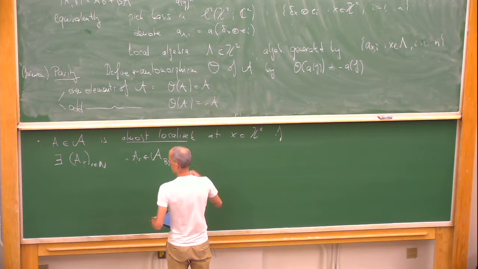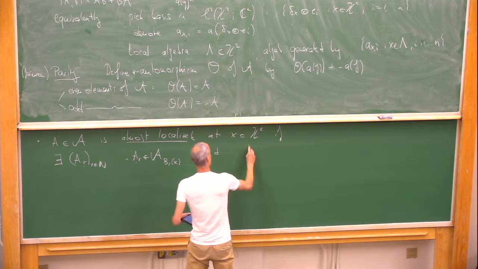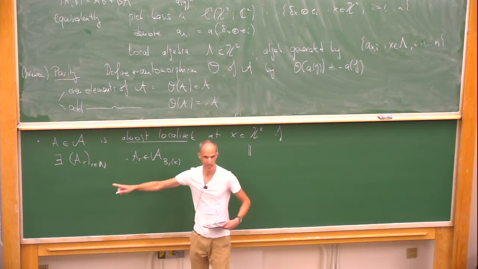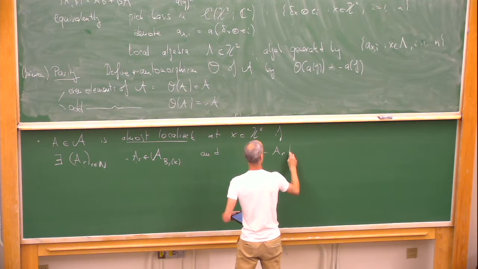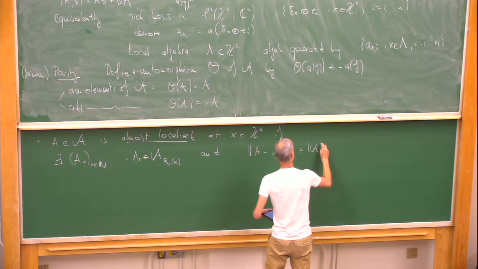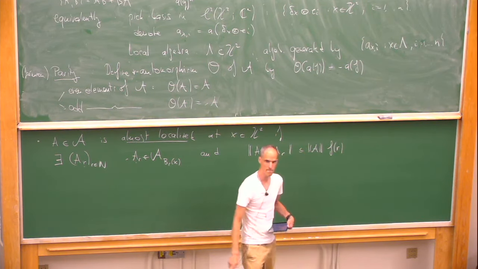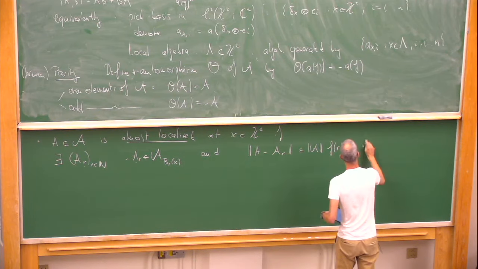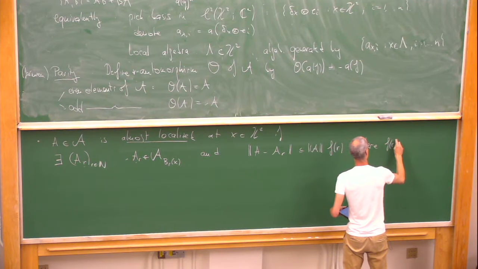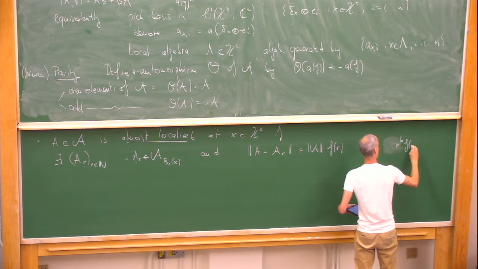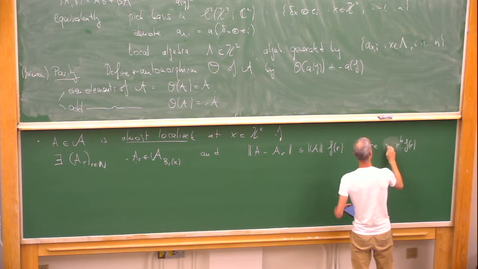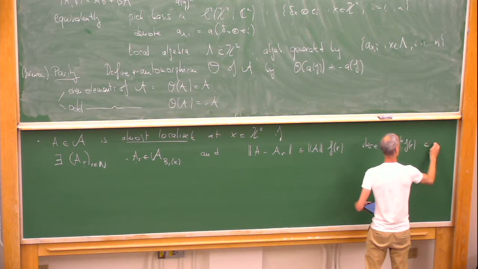Such that these A_R approximate A in a very efficient way. The norm of A minus A_R is bounded above by the norm of A times F of R, where R to the K times F of R, in the limit as R goes to infinity, is finite.